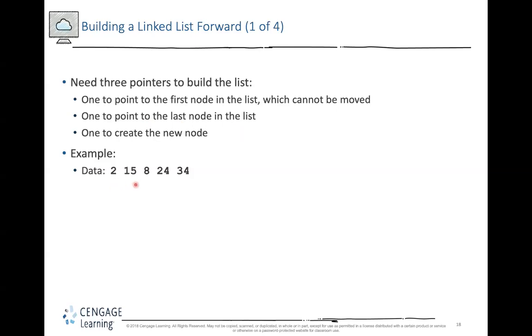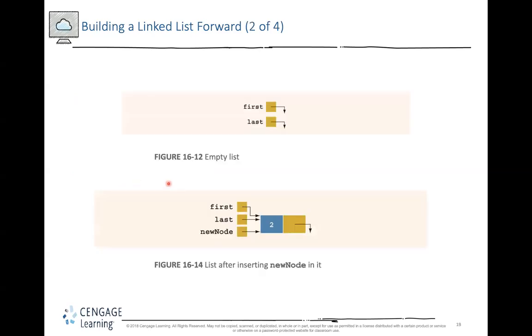So suppose we have the data elements 2, 15, 8, 24, 34. Let's see if we can put them into a linked list. In the very beginning, the first and last pointers point to null. There are no nodes. Then let's start with the first one. We create a new node with the value 2.